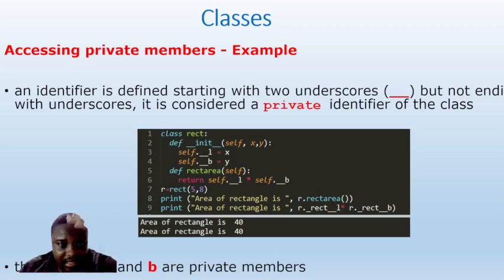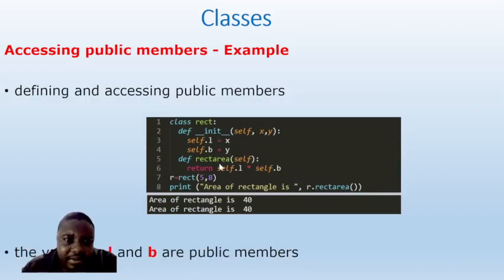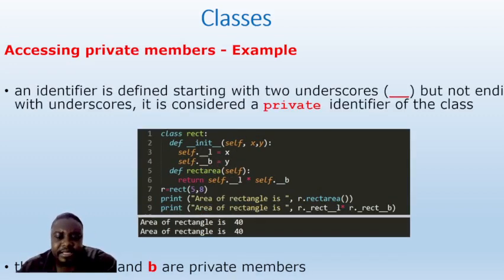So you can check which one is a private member. If you check the difference here, the variables i and b are now private members. But if you check the previous one, there were only i and b with a dot, so that's why they are public members. So you must take those kinds of notes.